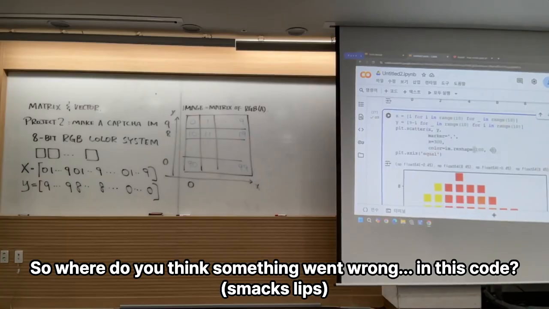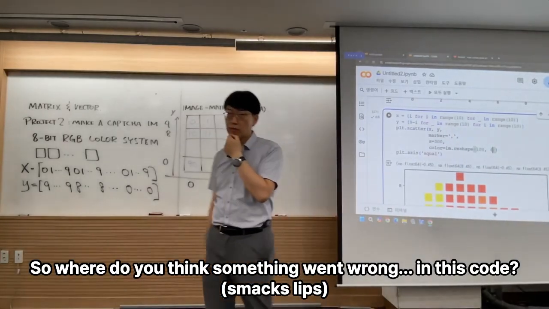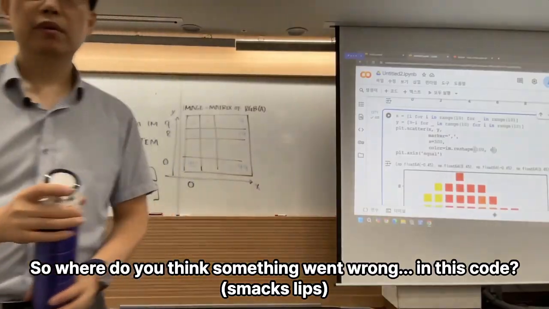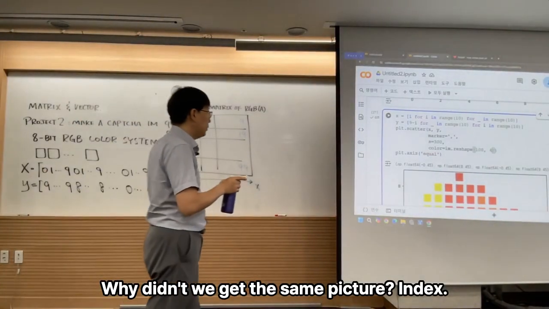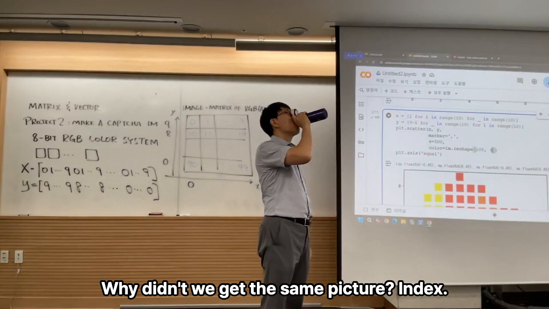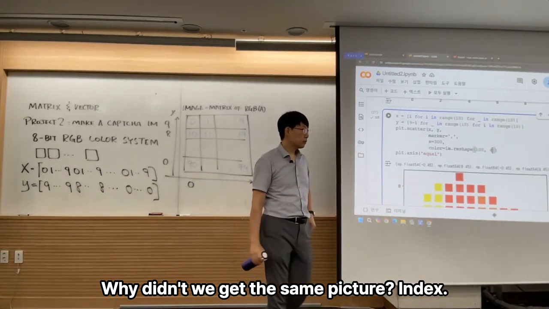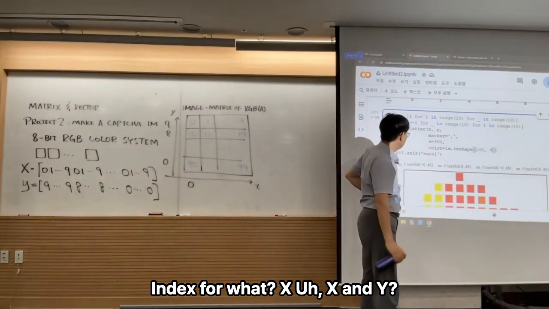So where do you think something went wrong in this code? Just take a guess. Why didn't we get the same picture? Index for what?